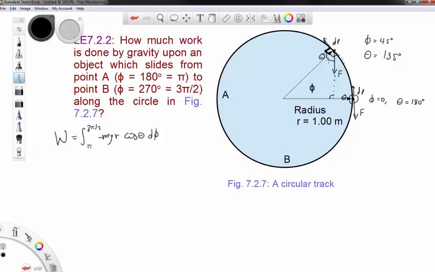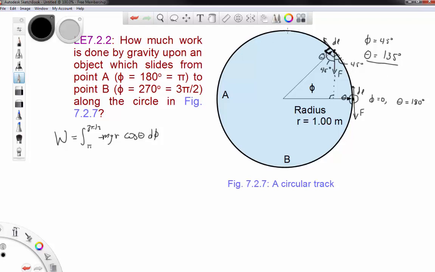So that means that this right here has to be whatever 90 minus phi is. So this right here is also 45 degrees. And since this plus this is 90, that means that this right here is also 45 degrees. Okay, well, this angle between theta and F is therefore 90 plus 90 minus 45, or if you want, it's 90 plus 45. Either way, you get theta equals 135 degrees.